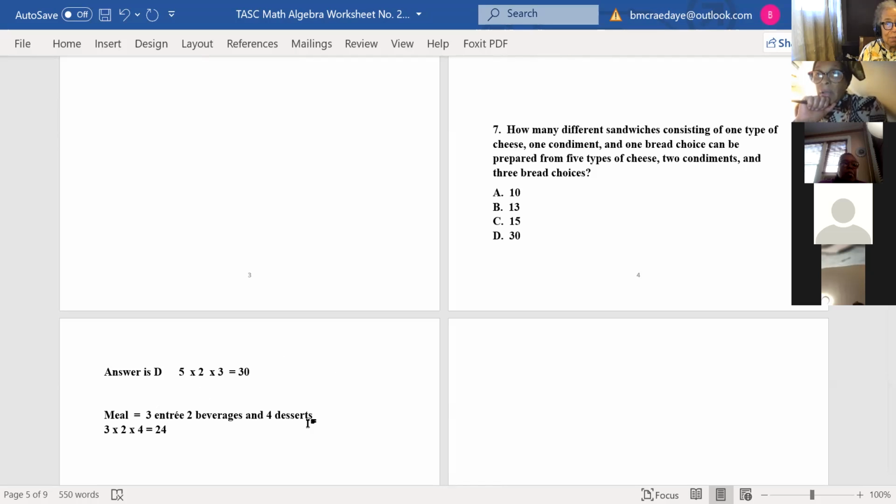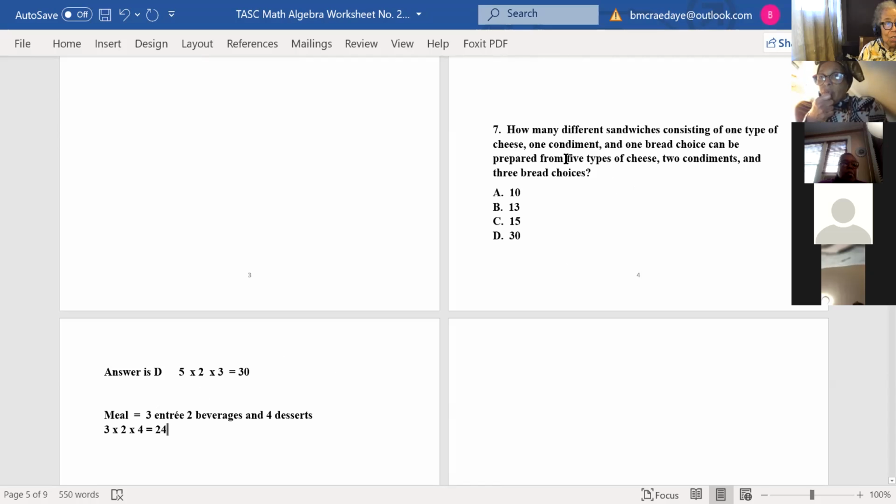Now each sandwich would just have 1 type of cheese, 1 condiment, and 1 bread choice. It's always the number that you can make, the possibilities. This is the probability type problem.